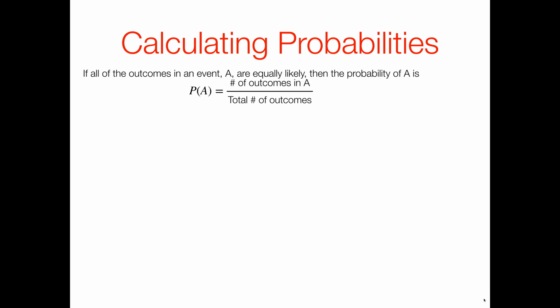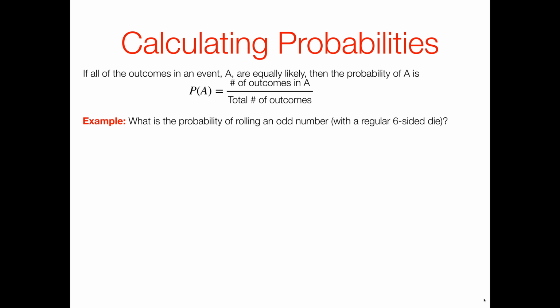When we're calculating probability of an event A, let's say, if all of the outcomes in event A are equally likely, then the probability of A is equal to the number of outcomes in A divided by the total number of outcomes. Let's go back to our example there with rolling an odd number when you roll one six-sided die. And it's a fair die, right?